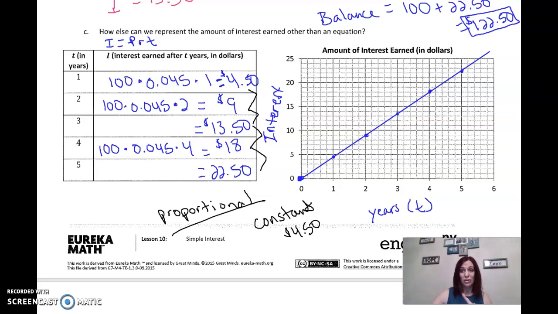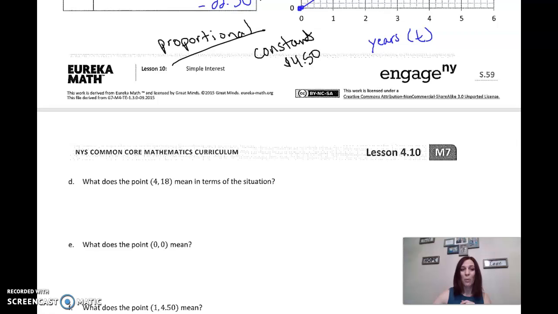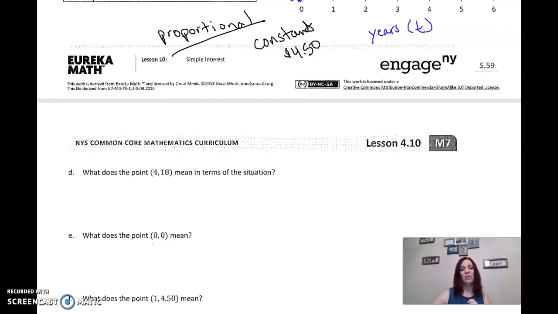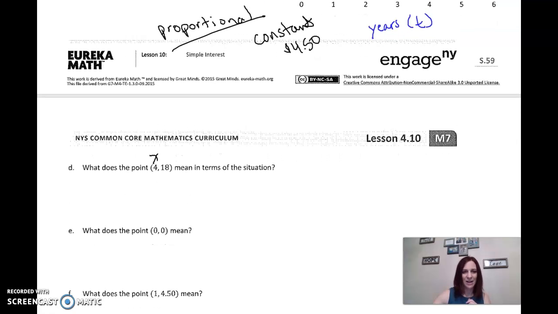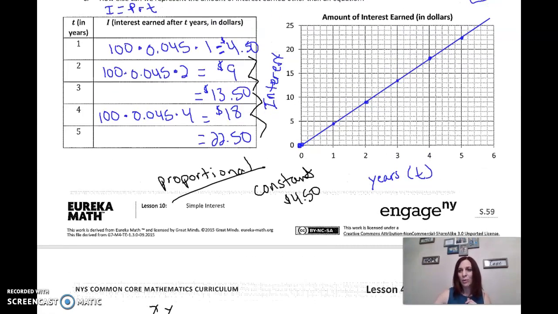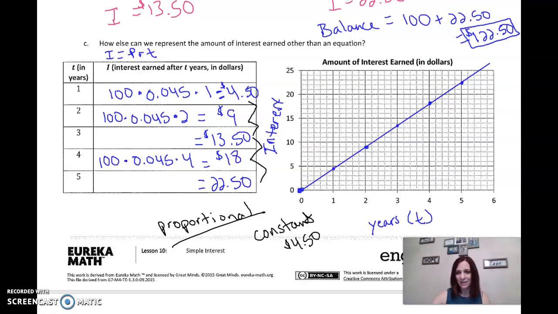Okay? Just to finish up real quick. What does the point (4, 18) mean in terms of the situation? Well, remember, this is our x and our y, but in this case, our x is the t. So the point (4, 18), here's 4, and 18 on our graph right here. What does that point mean?